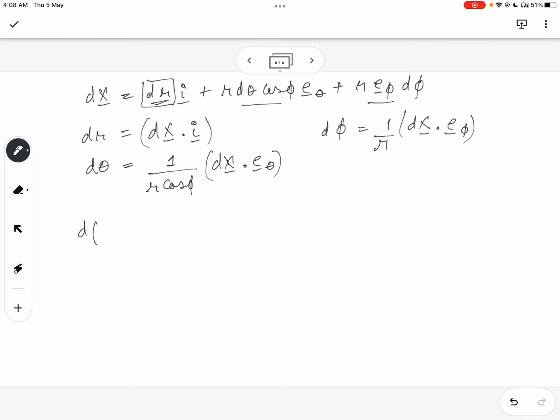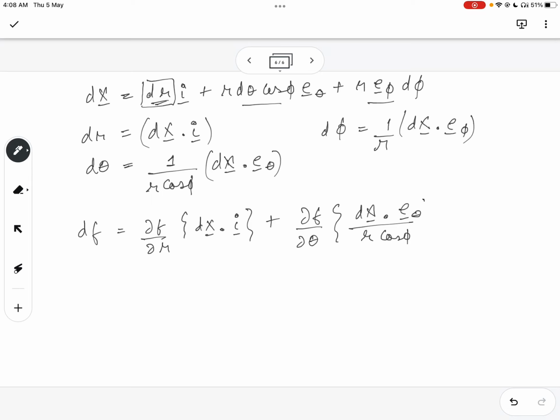So using this in the expression of df, this is ∂f/∂r dx dot I plus ∂f/∂θ dx dot e_θ by r cos φ plus ∂f/∂φ dx dot e_φ by r. This is equal to gradient of f dot dx.